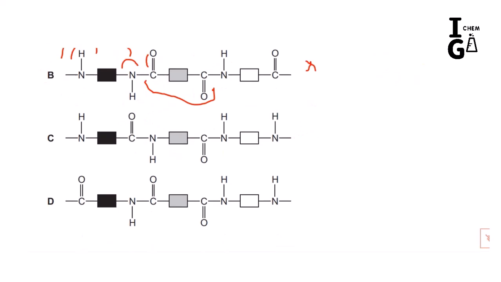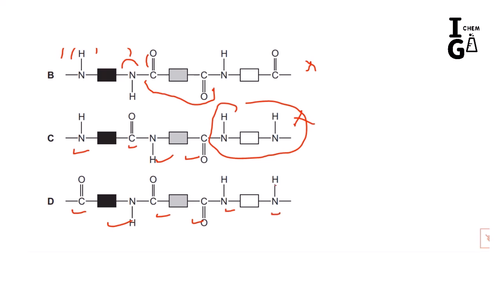Letter C: this is amine and this is carboxylic, okay. But if you check this, this is a diamine. Because all of them should be amino acids, this is not correct. Letter D: this is carboxylic, amine, carboxylic, carboxylic, and here we have amine and amine.